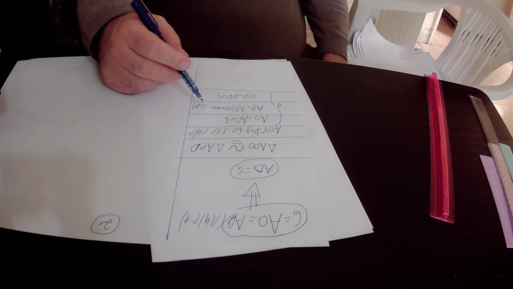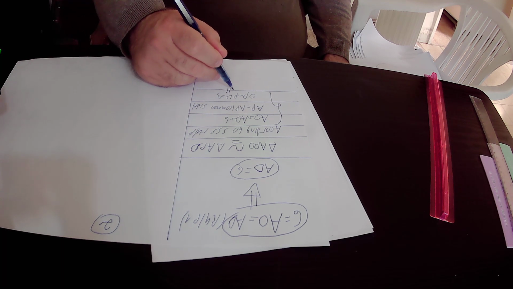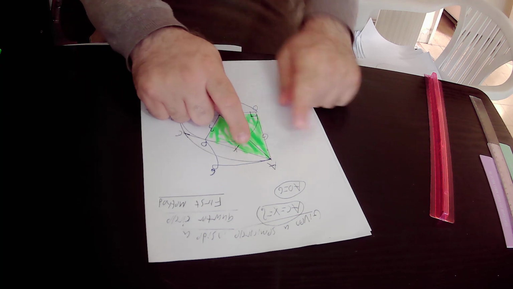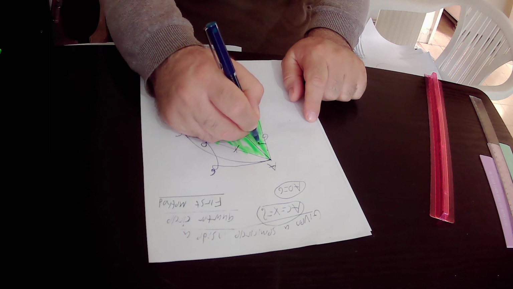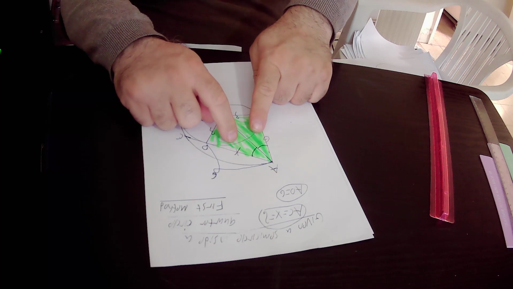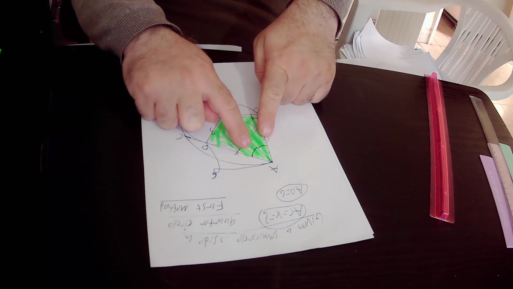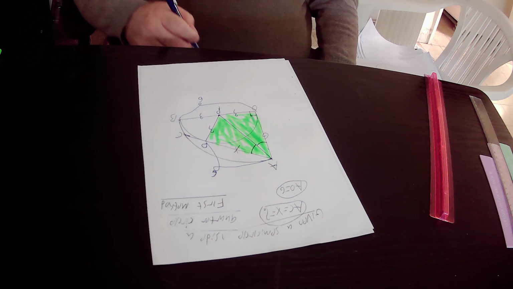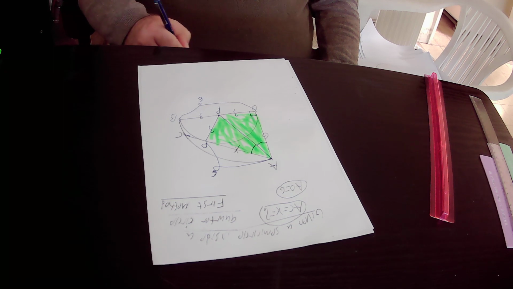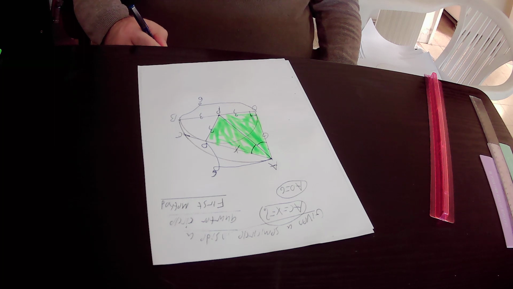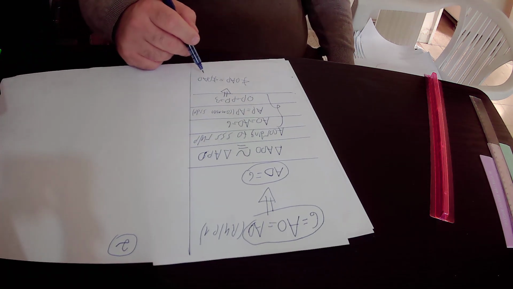And from the fact that those two triangles are congruent, we derive that those two angles are equal to each other, according to the rule that corresponding angles in congruent triangles are equal to each other. So angle OAP equals angle PAD.